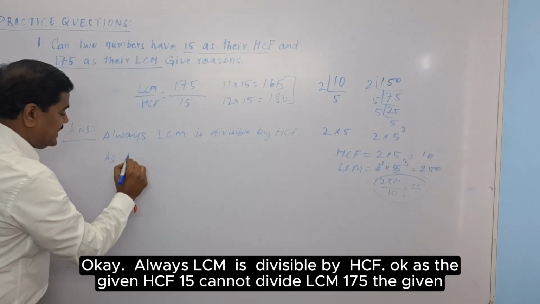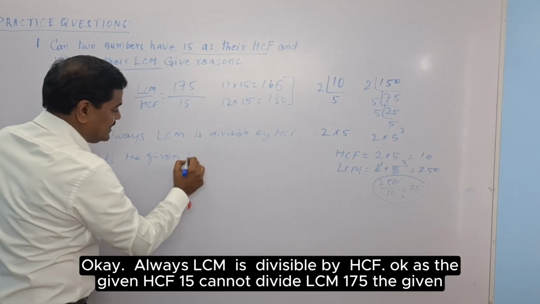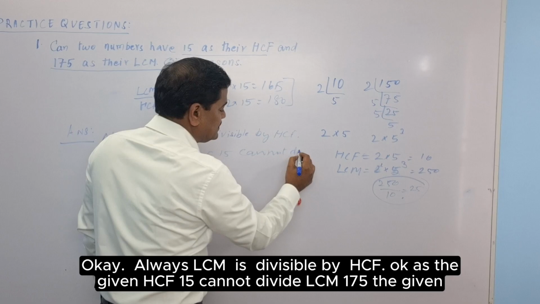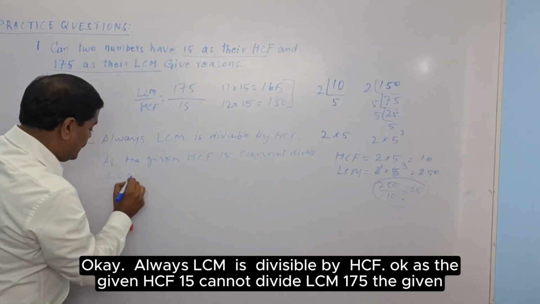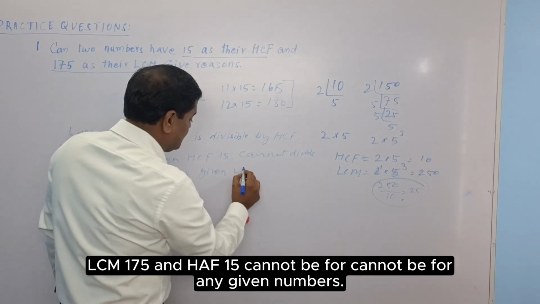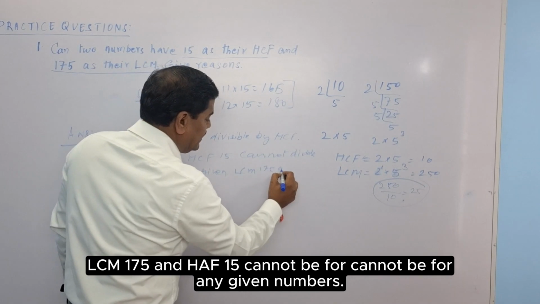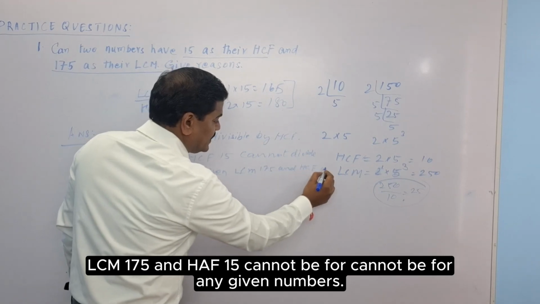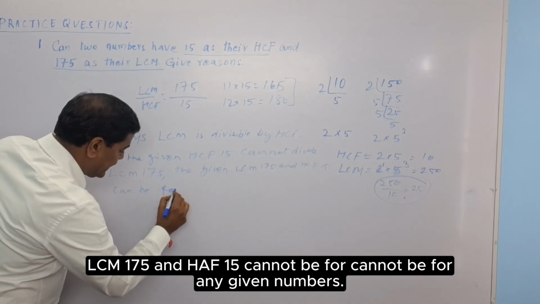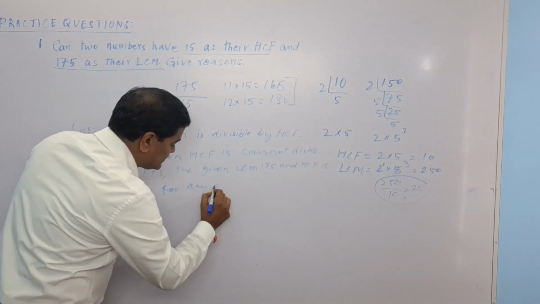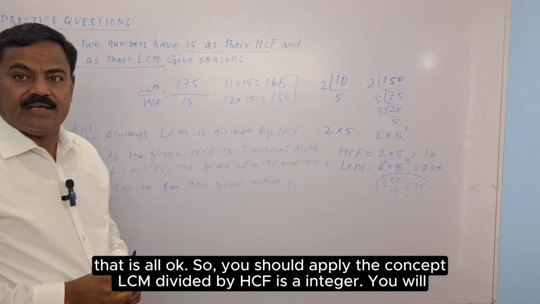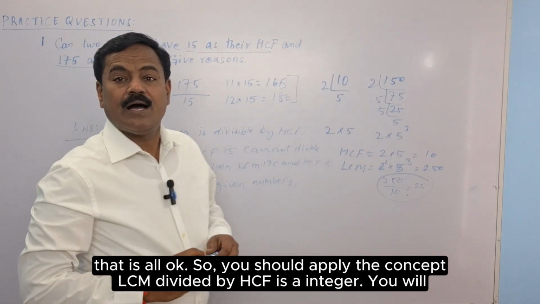As the given HCF 15 cannot divide the LCM 175, the given LCM 175 and HCF 15 cannot be for any given numbers. That's all. So you should apply the concept.